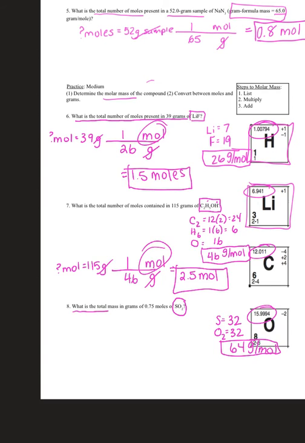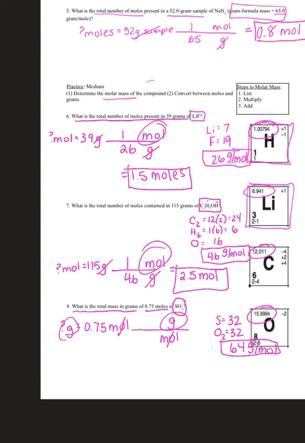What is the total mass in grams? So I'm looking for grams this time. How many grams are in 0.75 moles? Okay. Now this time, moles must go on the bottom and grams will go on the top. I need moles to cancel moles so that I can have the grams that I need.